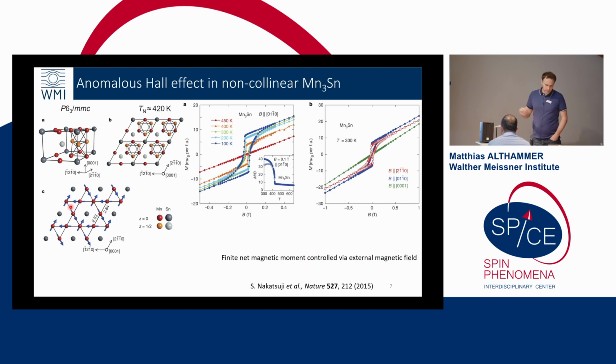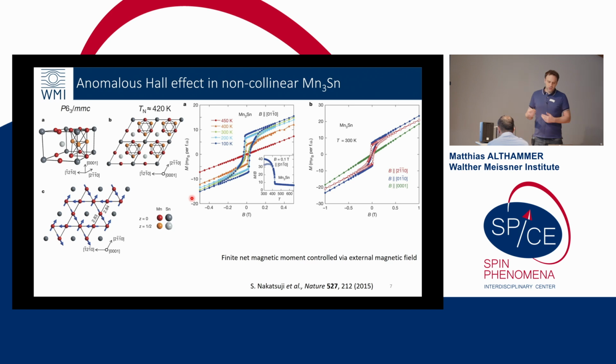That is kind of the easy direction here along this line, for example. And now you can, due to an effect of slight magnetic anisotropy, you still have a net magnetic moment, so the spins cant a little bit away from this direction as indicated here. And you can measure magnetization as a function of the magnetic field.